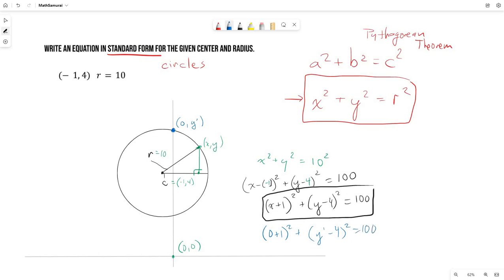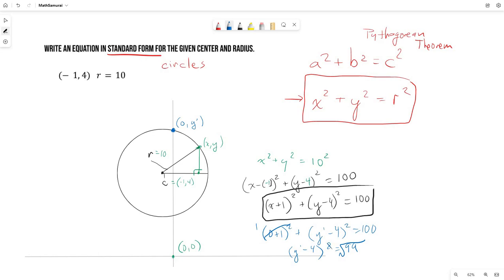And I could solve from here. 1 squared is 1. Now I'm going to subtract 1 from both sides, so I've got nice pretty y tilde minus 4 squared equals 99. Take the square root of both sides, so now that's canceled.